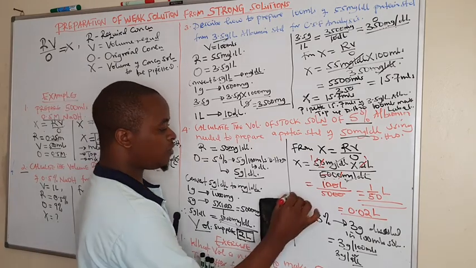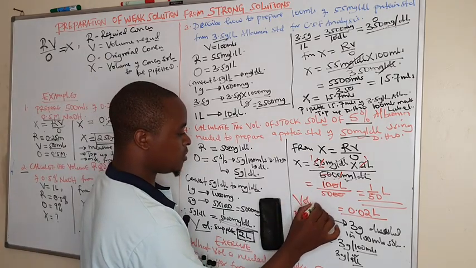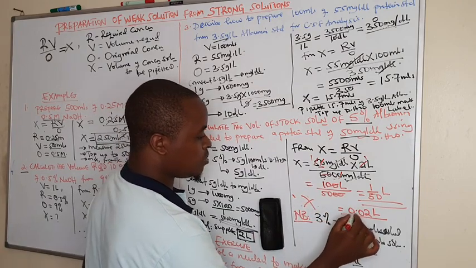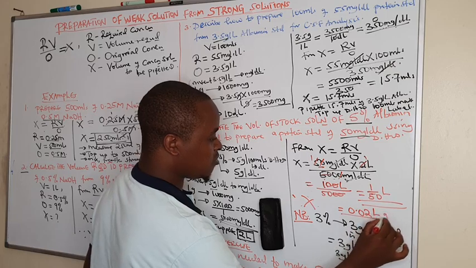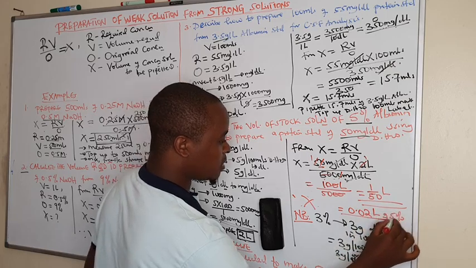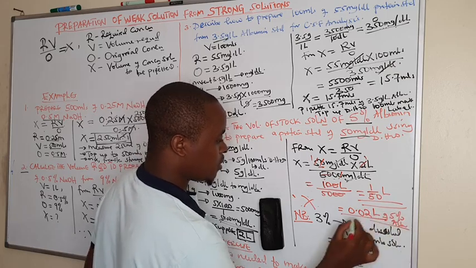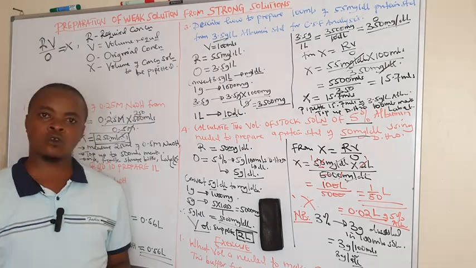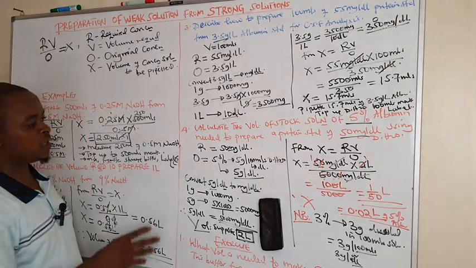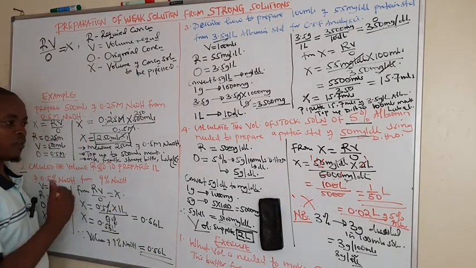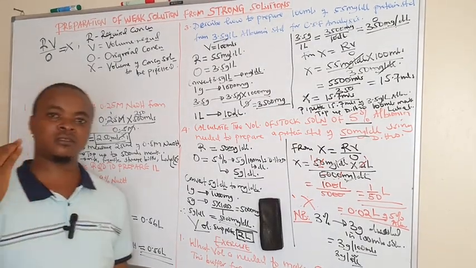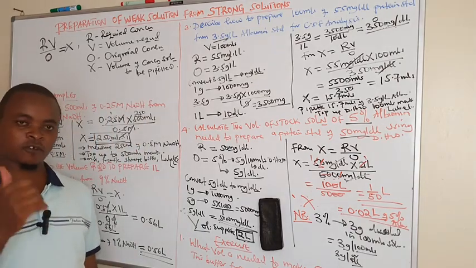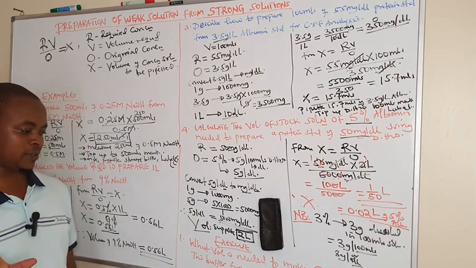So the final volume of the stock we needed, this is X, will be 0.02 liters of 5% albumin. This is the final answer. So I hope you have enjoyed this session, whereby you have seen how we can dilute stronger solutions to prepare weak solutions for use during testings.